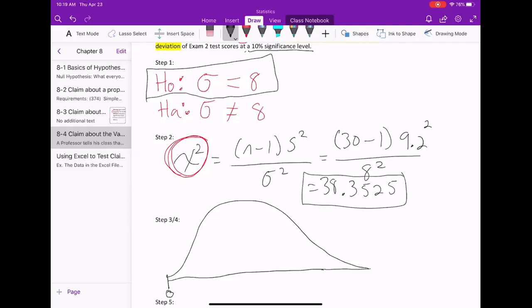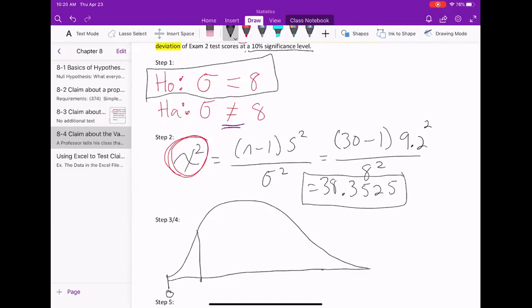So I am doing a not equal. So how many tails? 2.